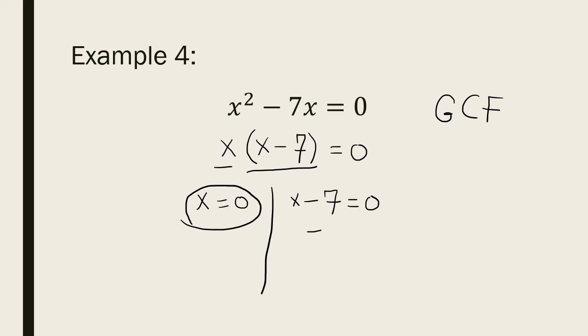And the second one, I can solve by adding 7 to both sides. And when I add 7 to both sides, I end up with x equals 7. So for this equation, we have two solutions. We have x equals 0 and x equals 7. Both make the quadratic equation a true statement, and both are also called the roots, the x-intercepts, and the solutions.